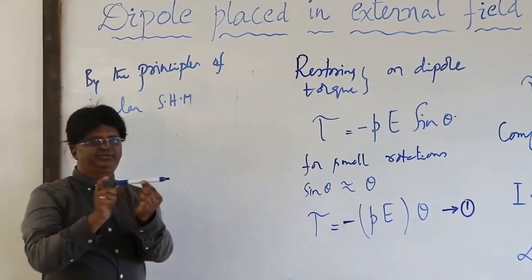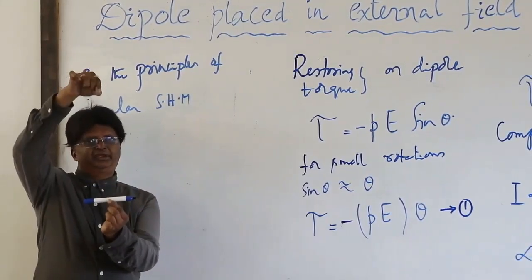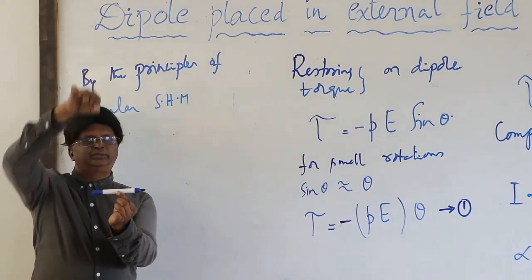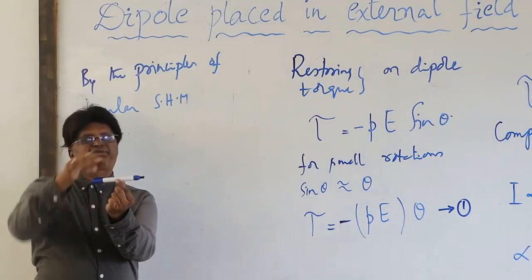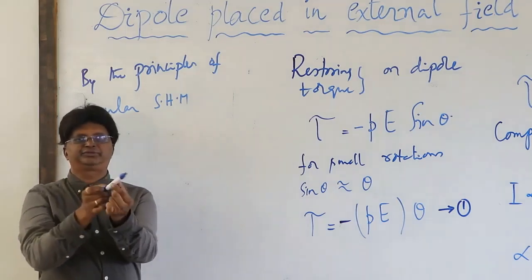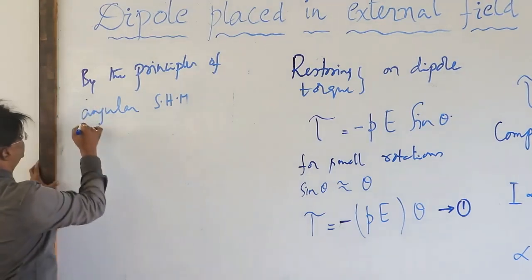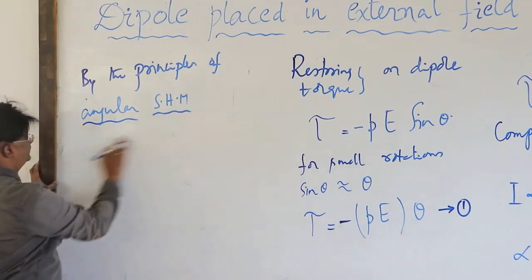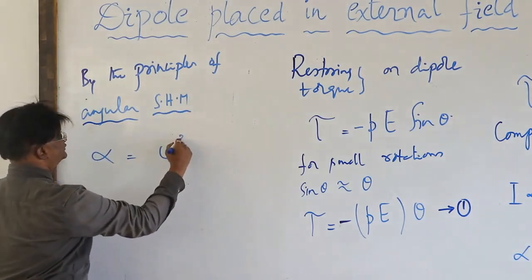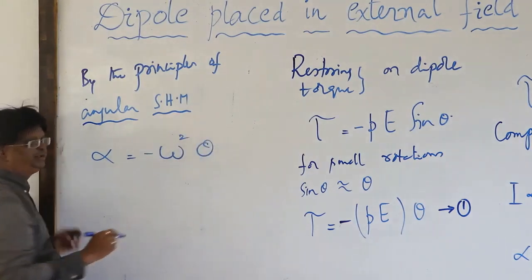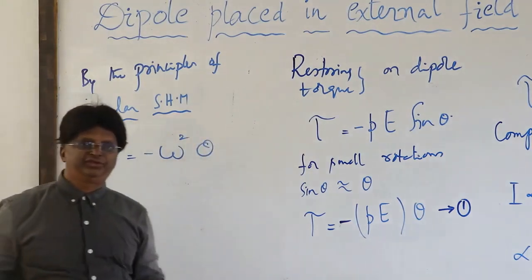Remember, the dipole is suspended and placed; the oscillations are not like this, I have told you, but about its center it is making oscillations like this, the angular SHM. Alpha is equal to minus omega squared theta, of course with a negative sign because of restoring nature.